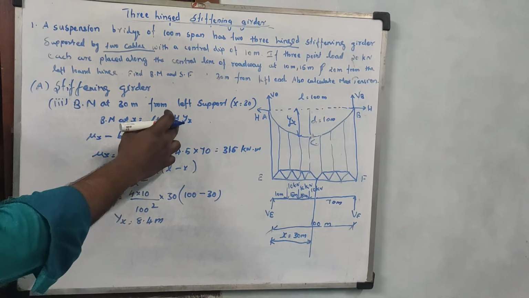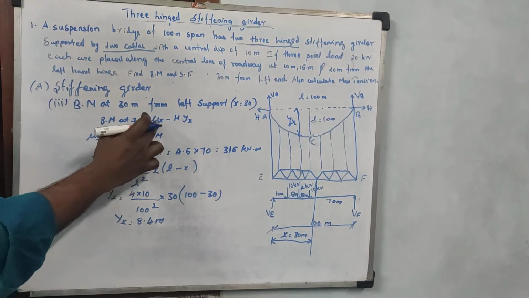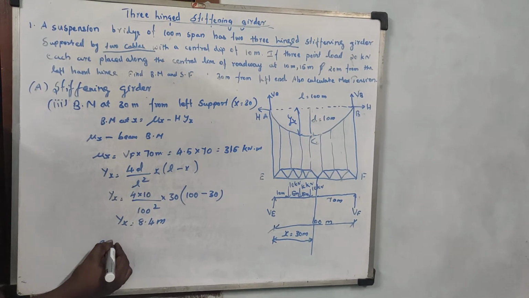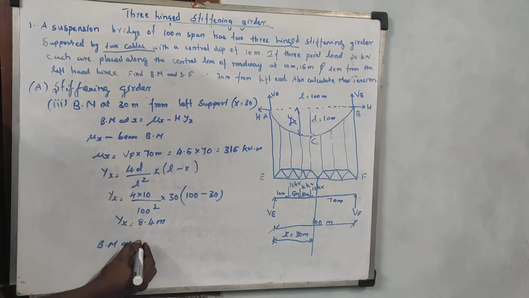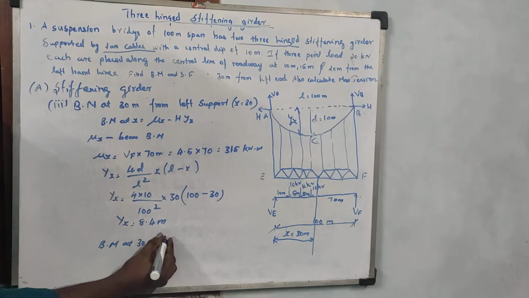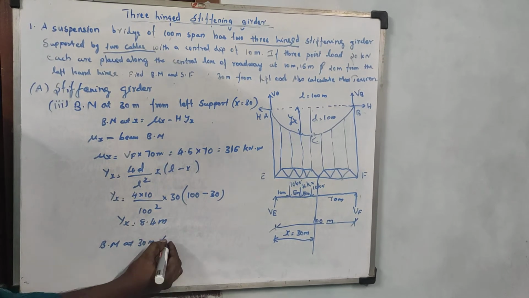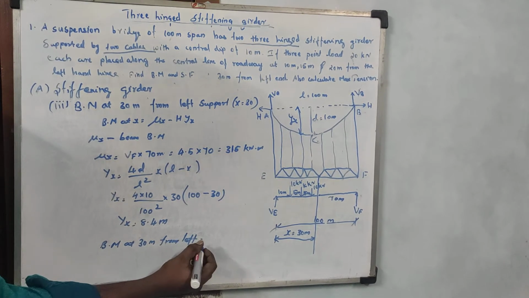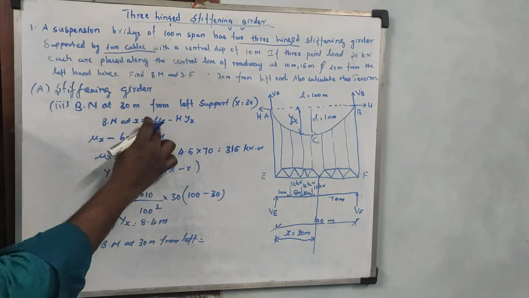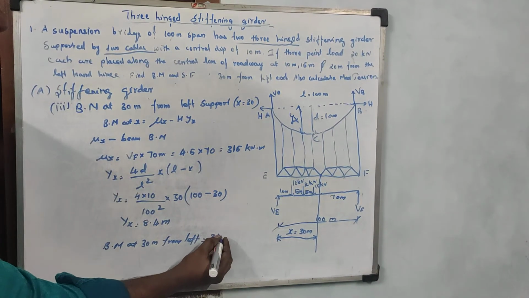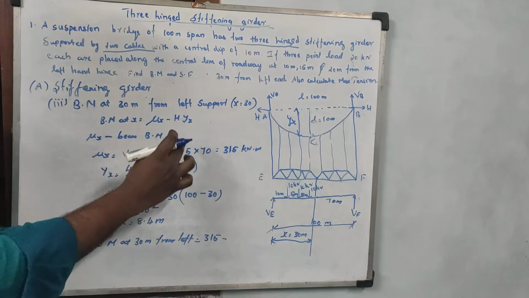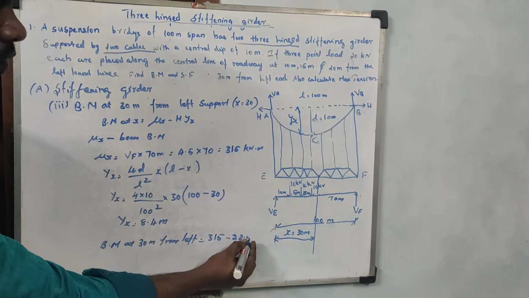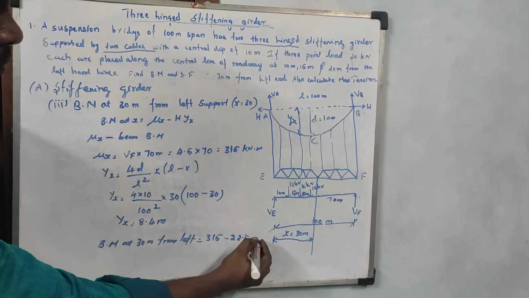So we know that H equal to 22.5, Mu x equal to 350. Therefore, bending moment at 30 meter from left equal to Mu x, it is 350 minus H equal to 22.5 into Yx equal to 8.4.